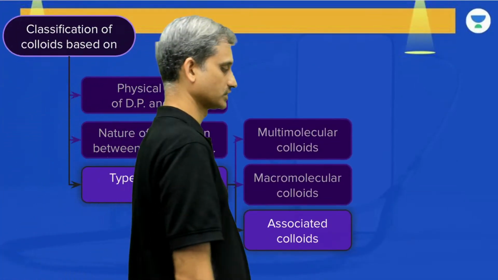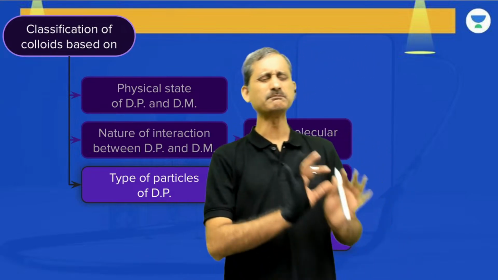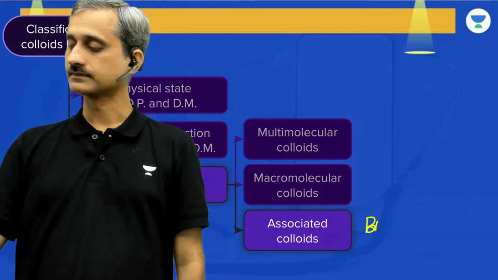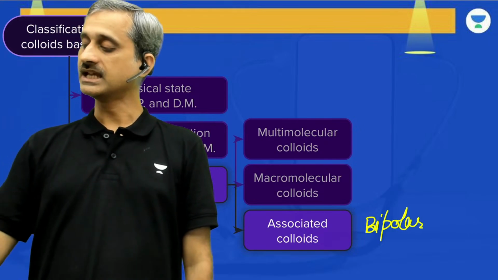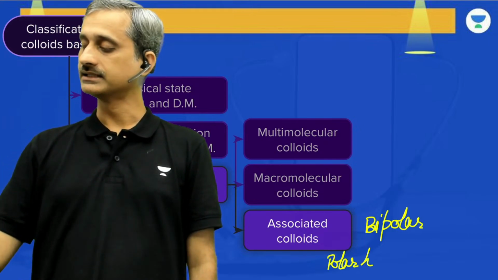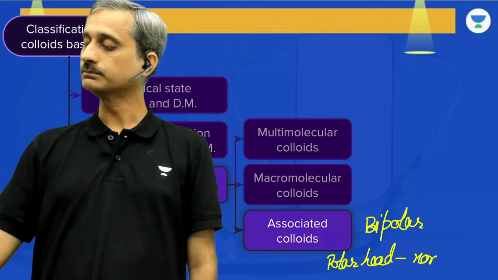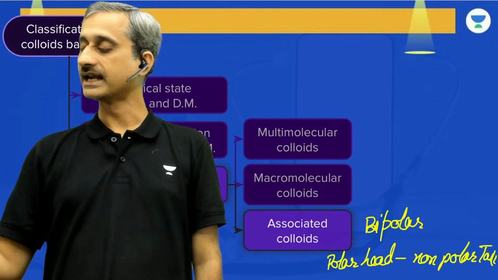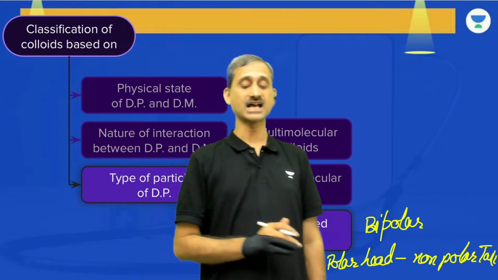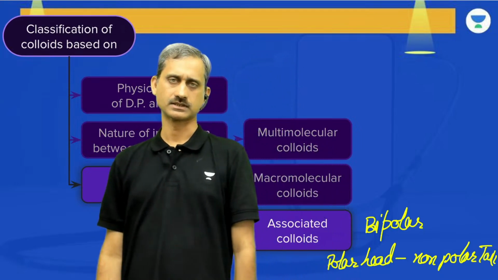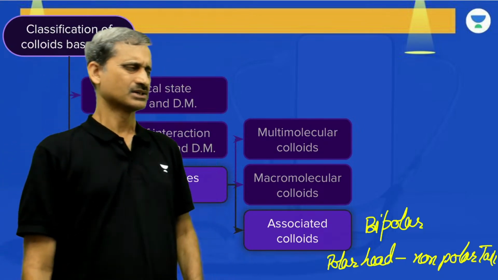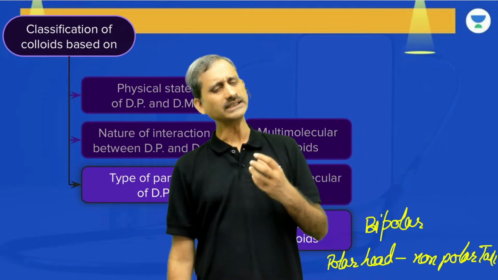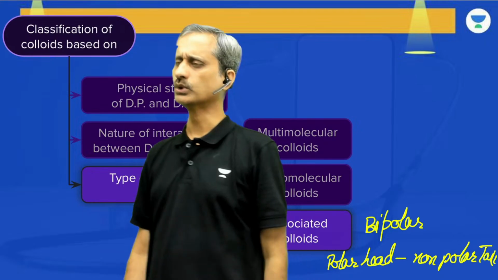And then we have associated colloid. Now, associated colloids are a very peculiar system. These are bipolar substances. They have a polar head and a non-polar tail. That's how they become bipolar substances. Clear? So it is not a compulsion that these substances need to be charged. The only thing is they need to have a polar head. Now, polar head could be anything.